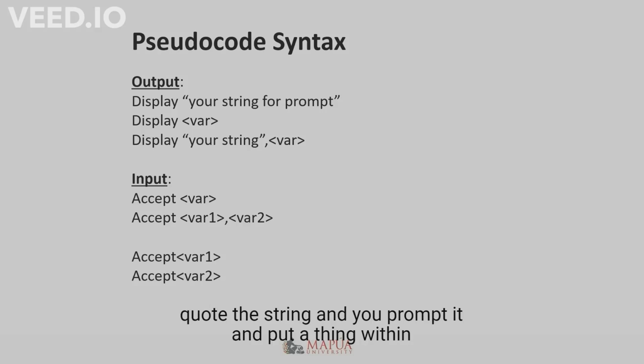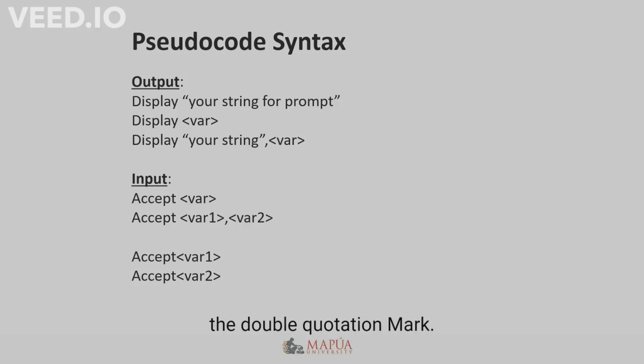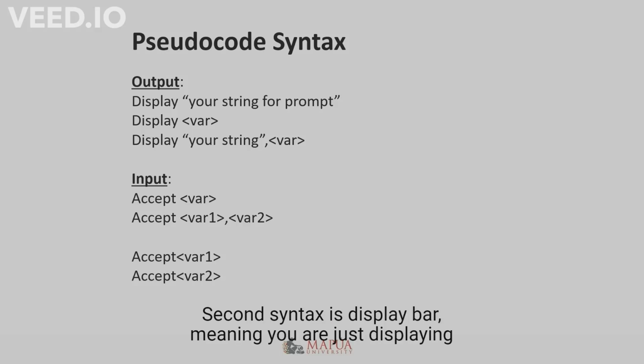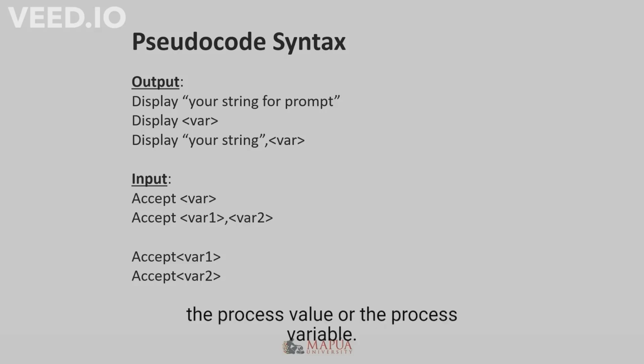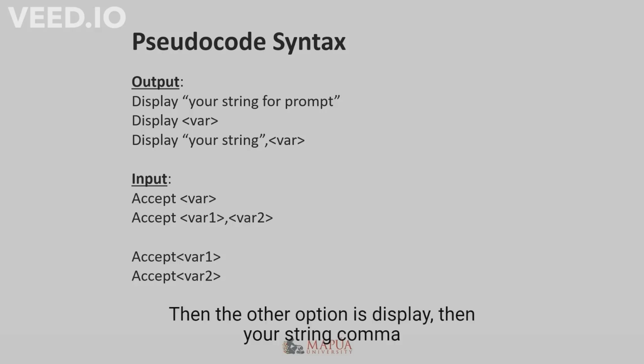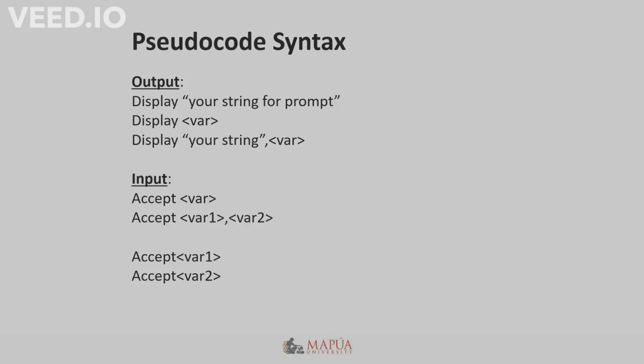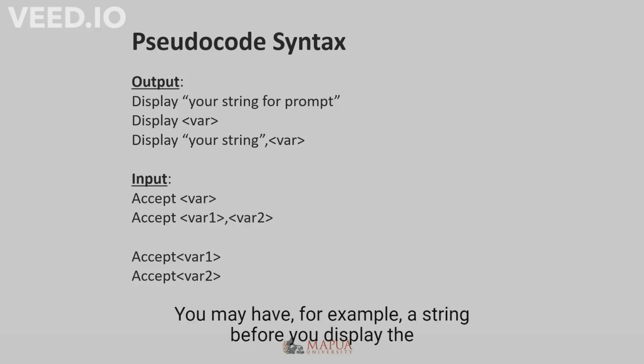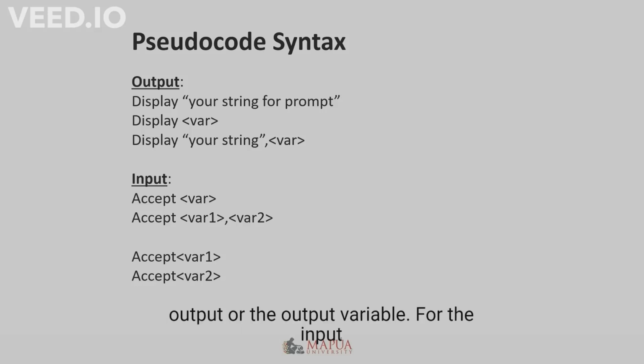Second syntax is display var, meaning you are just displaying the processed value or variable. Then the other option is display, then your string, comma, then var. You may have, for example, a string before you display the output variable.